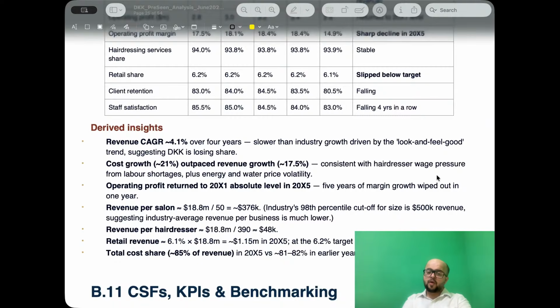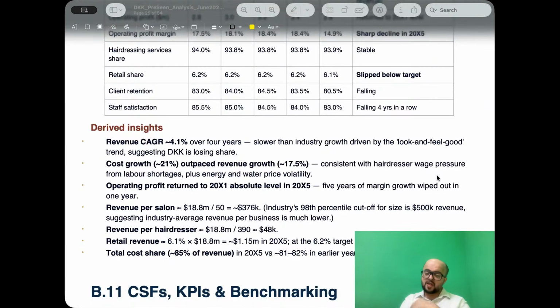And in this stable economy, you have been told that more and more people are gravitating towards the look and feel good factor, and all of them want to spend on hairstyling and dressing and all of that, right? So you have an opportunity. The industry has a lot of potential, but your CAGR is slower than the industry growth, suggesting that maybe DKK is not performing as expected and somewhere it is losing its share.